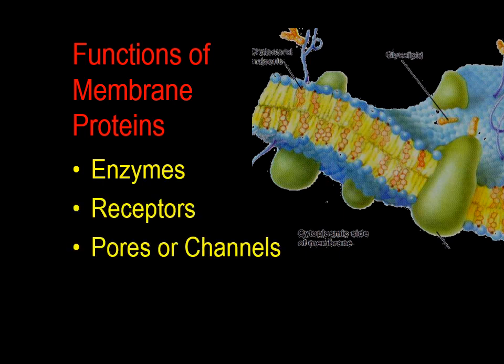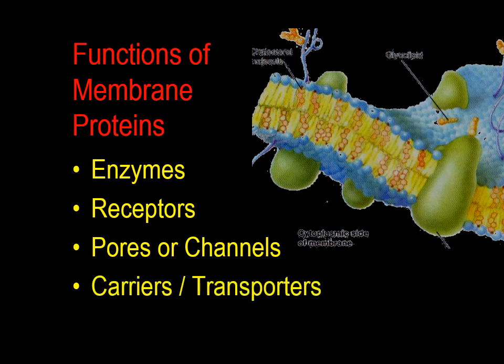Some proteins serve as enzymes, or the agents of chemical change. Many cells have in their plasma membrane an enzyme called cyclooxygenase. This enzyme converts fatty acids into chemical messengers.